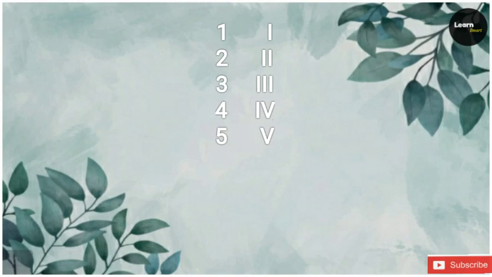Yes, 5 represents V, 6 represents VI, 7 represents VII, 8 represents VIII, 9 represents IX. And do you know there is no symbol for 0 in the Roman system, and there is no place value in the Roman system.